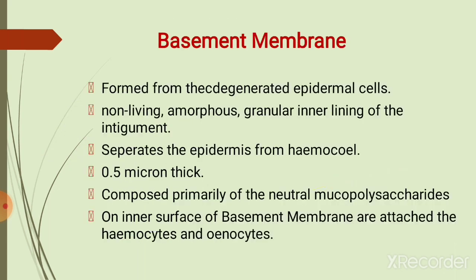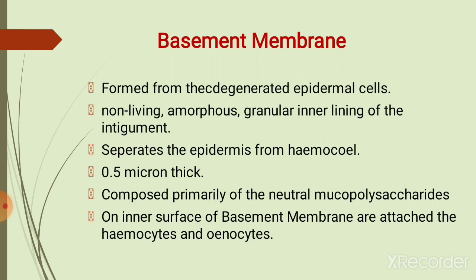First, basement membrane. This is the innermost membrane of the structure. It is formed from degenerated epidermal cells and appears as a non-living amorphous granular inner lining of the integument. It separates the epidermis from the hemocoel. It is about 0.5 micron thick.